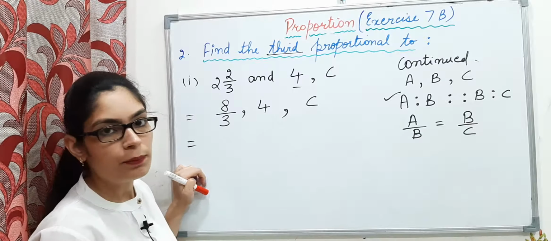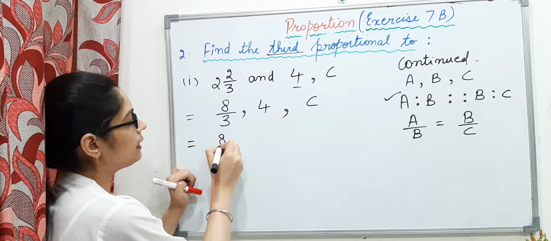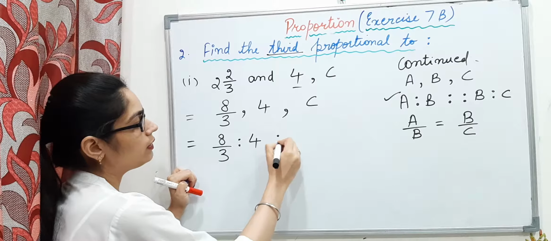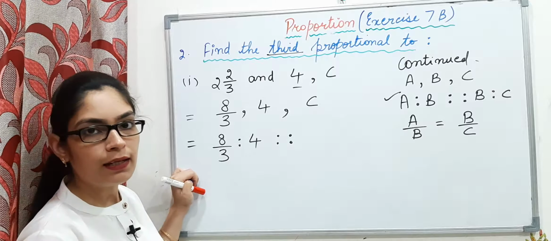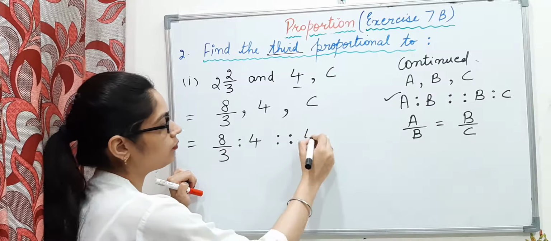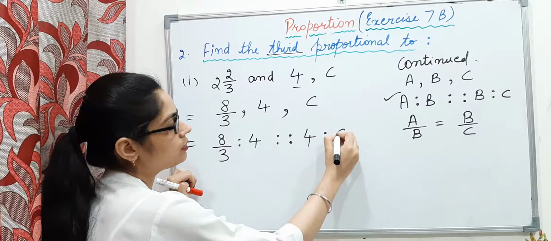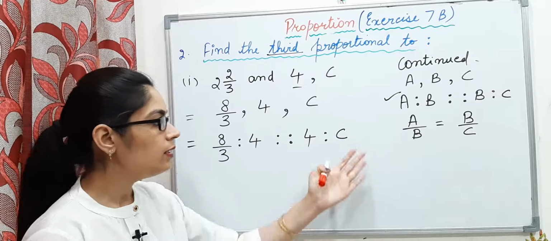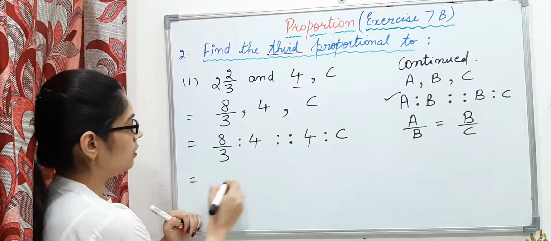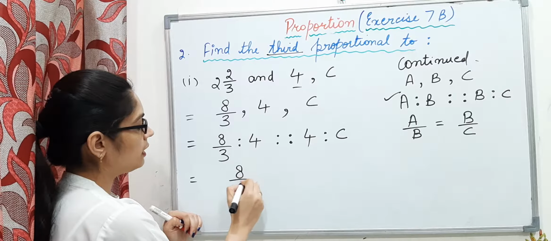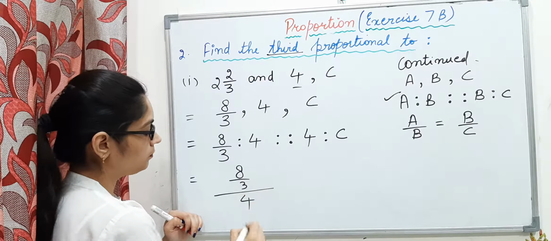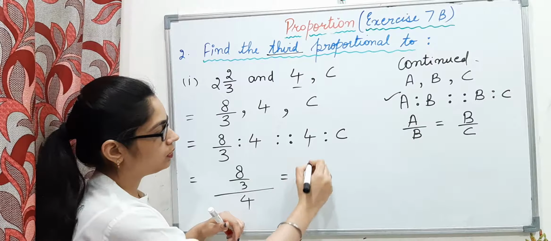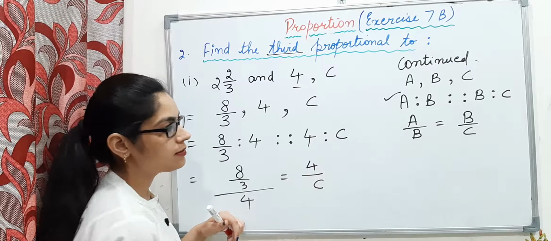So in continued proportion A is to B, like 8 by 3 is to B, which is 4, is proportional to, again B is to C, so B only I have to take, is to C. C we do not know, so if you want you can write it as X, or C only you can write. So this we can write in fraction, 8 by 3 over 4, is equal to 4 by C.